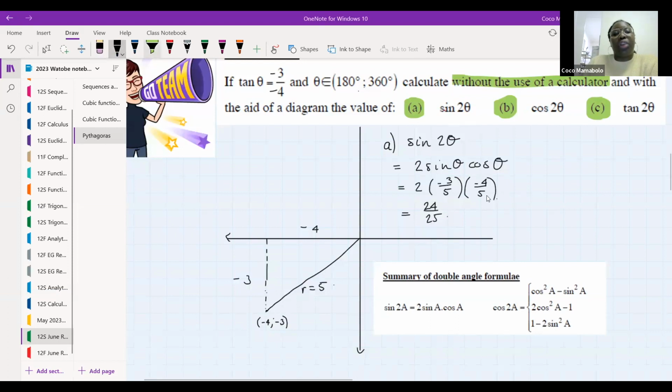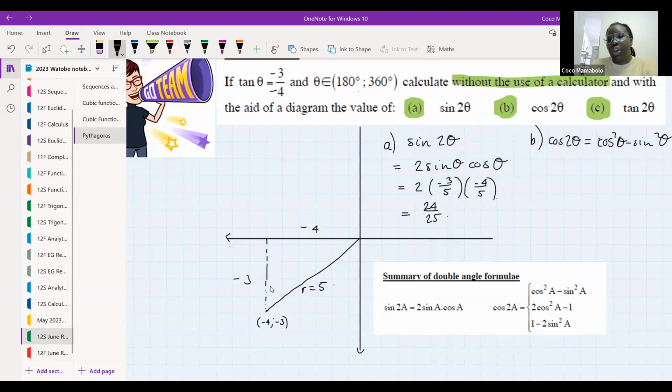All right, when we look at B, they ask for cos of 2 theta. And you are welcome, guys, to use any of the cos 2 theta double angle identities. I like using the first one because I don't like minusing by 1, especially when there's a denominator and then times 2. It's a lot for me. So I'm just going to use the fact that cos 2 theta is equal to cos squared theta minus sine squared theta.